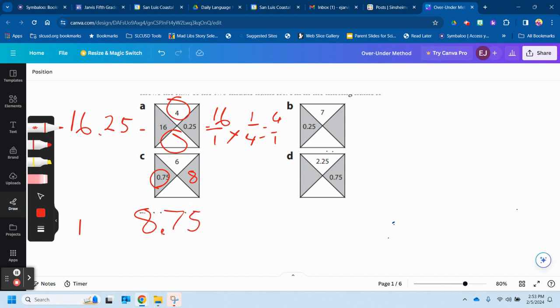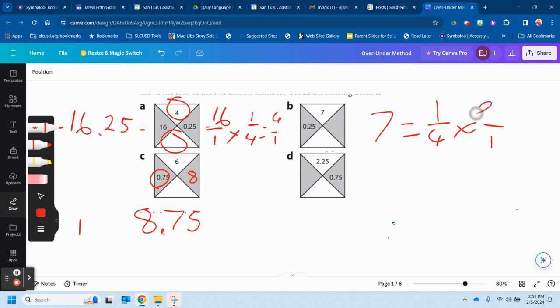Okay, it gets a little bit trickier with 25 hundredths, or 1/4, times what is 7. So 7 is 1/4 of what number? Well, 7 is 1/4 times something over 1. 7 times 4 is 28.